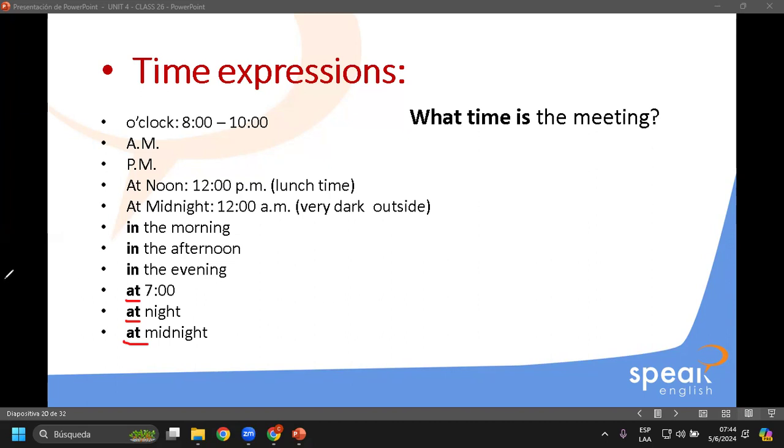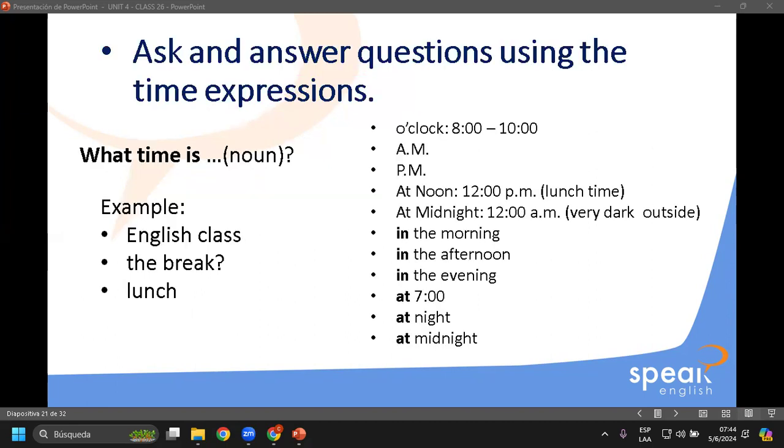So we are going to use these prepositions and we are going to ask questions to our classmates. You have to say what time it is and then invent the event. So for example, you can say, what time is the English class? You have to answer using time expressions. For example, everybody, what time is the English class? What would be the answer?